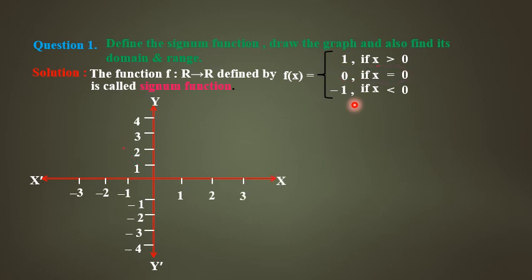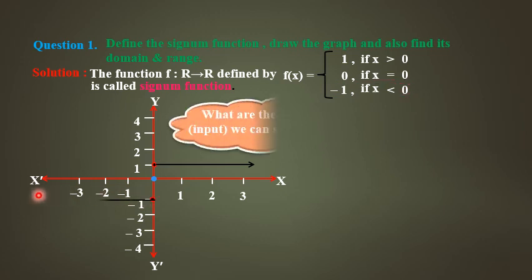And now let us draw the graph here. Signum function means, see here, very simple, x equal to 0 means the function gives you 0 here. Now I go with x equal to any positive number. If I take any number here, then the y value will be plus 1 only. Every point will come here, correct? And if I take x as any negative number, then y will be always minus 1.